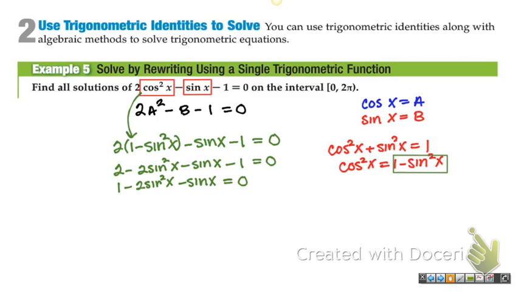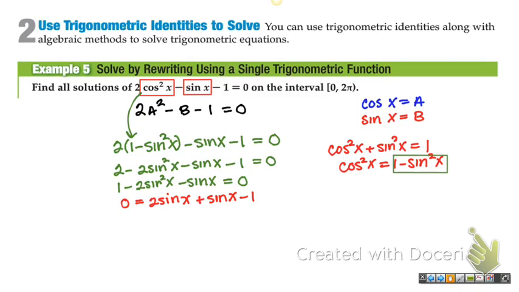And because I'm going to factor this, I'm actually going to add everything to the other side of the equation so that everything's positive. So it's going to be 0 equals 2 sine squared x plus sine x minus 1.